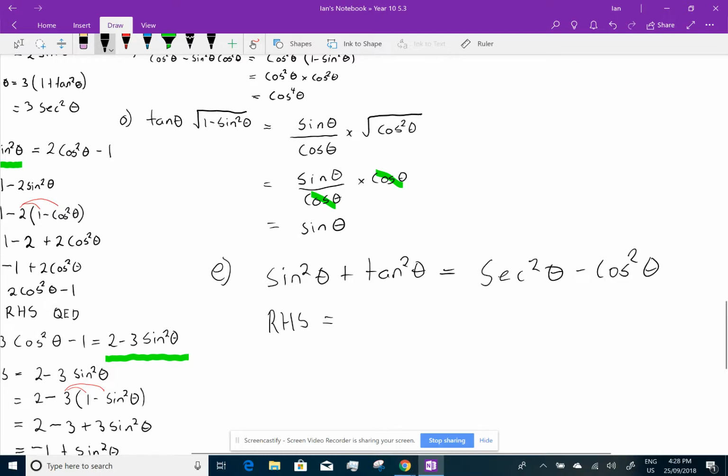Well, sec squared is the reciprocal of cos, so it's 1 on cos squared theta. And I'm going to write this as 1 minus sine squared theta. Okay, so I'm going to leave this alone for a moment, 1 minus cos squared theta.